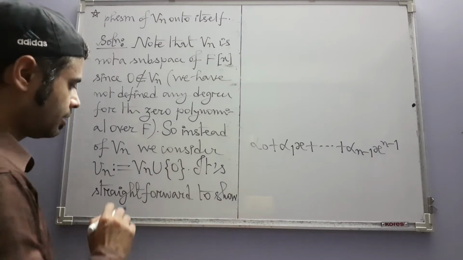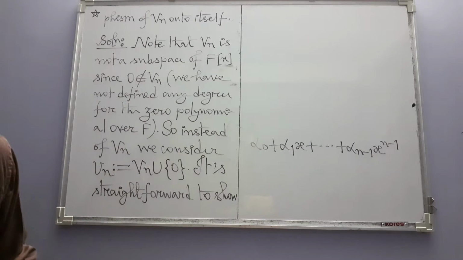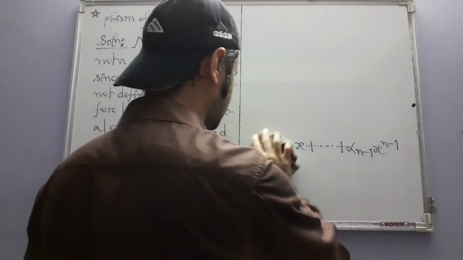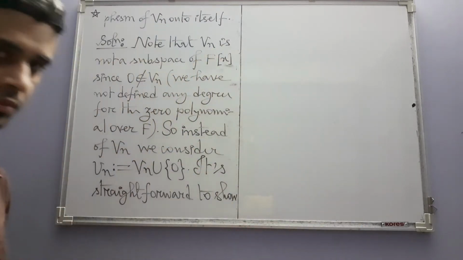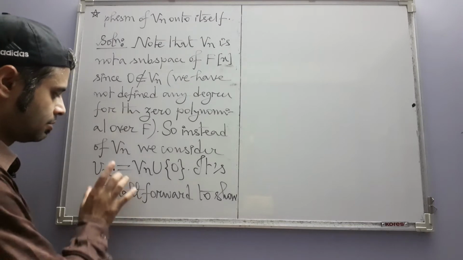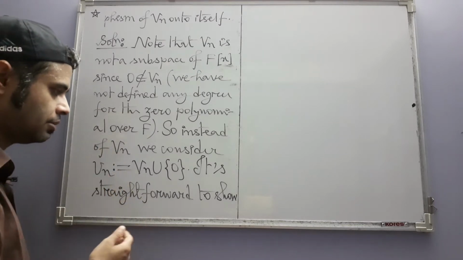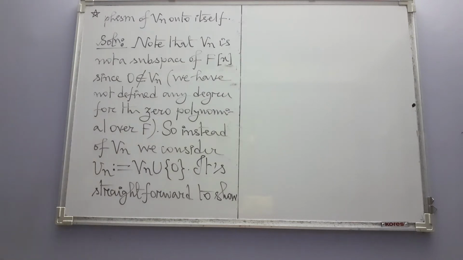So the typical element of Un looks like this. Now first of all we need to show that this T actually maps any element of Un again to an element of Un. That's the first thing.